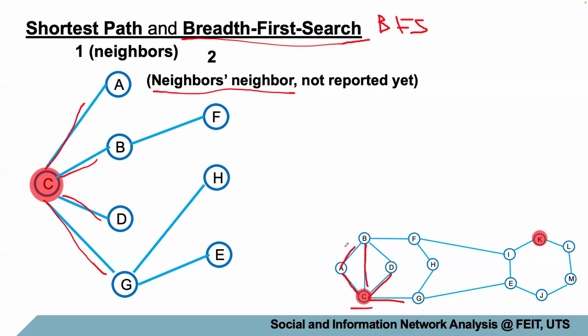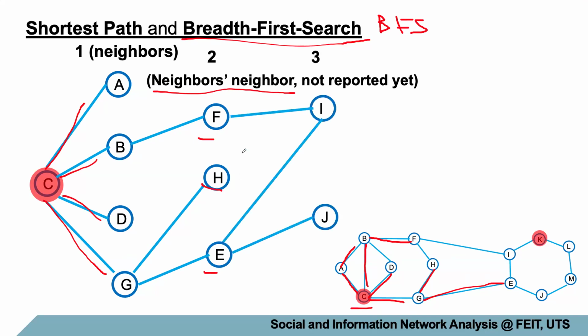And then from B, we can go to D, which has already been reported, and B to F. So we have B to F here, and then G to H, and G to E. So with distance 2, we can reach F, H, and E, and continue.